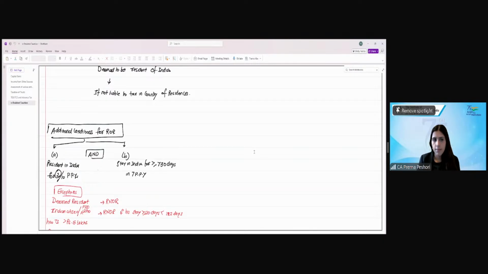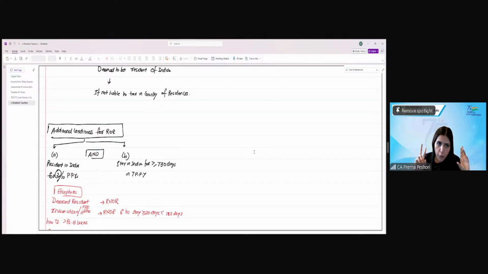ROR, global income is taxable. For RNOR, income accruing or arising in India, income received from India, and income accruing or arising outside India from a business controlled or set up in India only is taxable. That's the only difference. Correct.